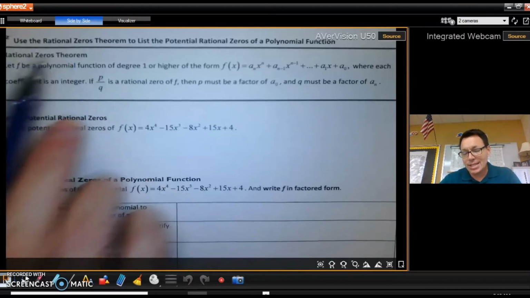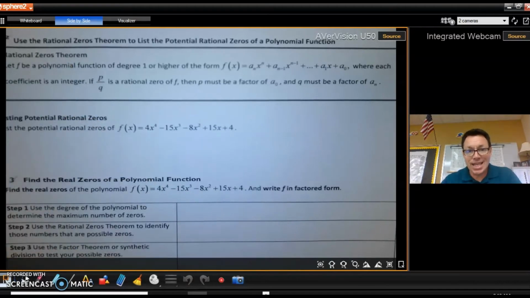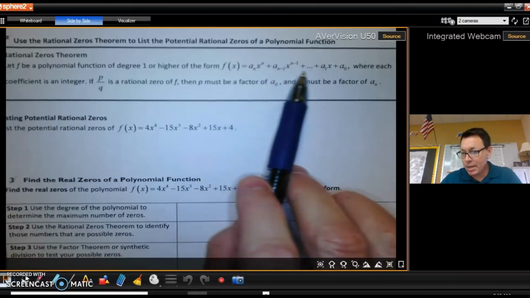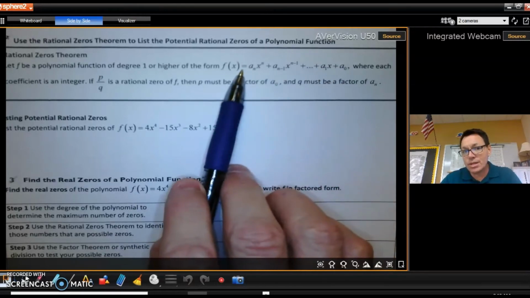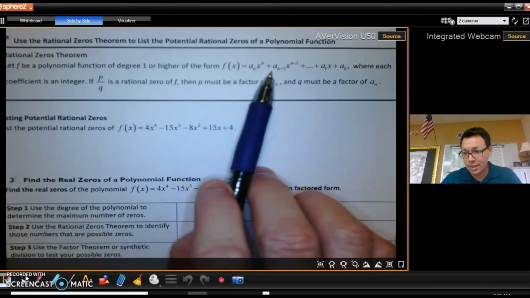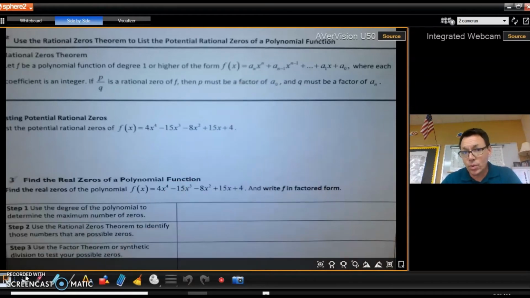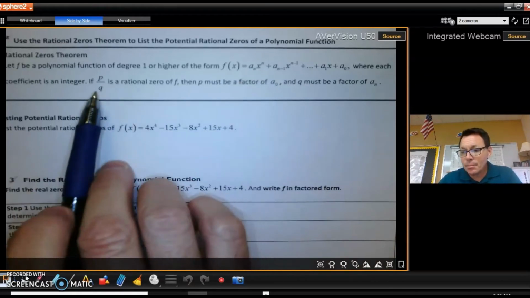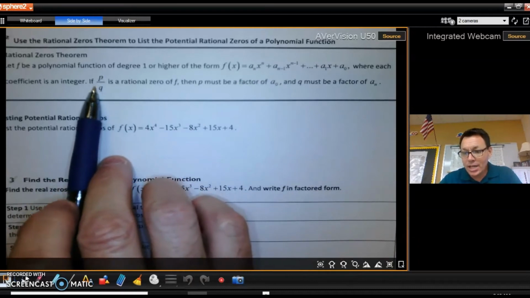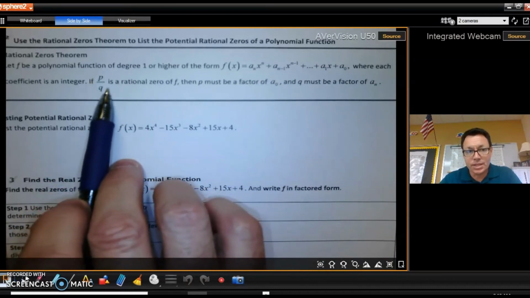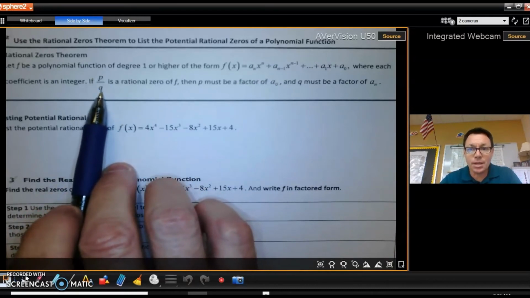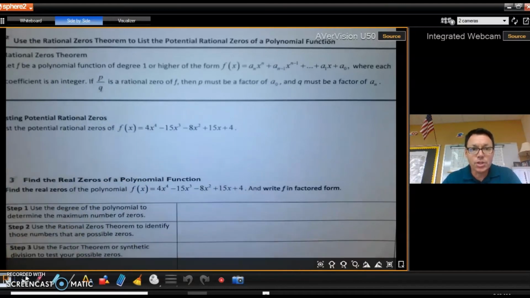And it says, if there is a number that is a zero, so this is a polynomial. If there is a number that I could plug in to get 0 as an answer, it has to look a certain way. That number has to be a rational number, so it can be written as a fraction. Now, that denominator could be a 1, so it could just be the number 2.